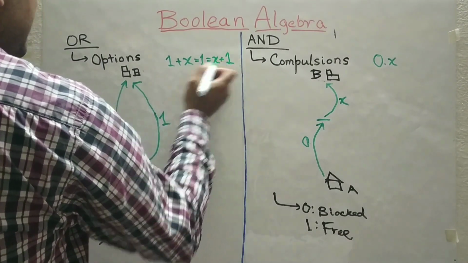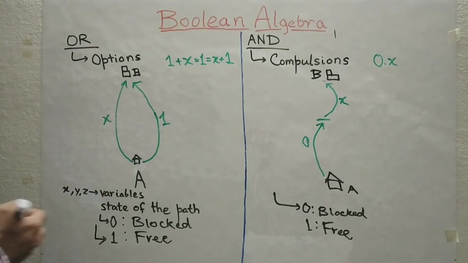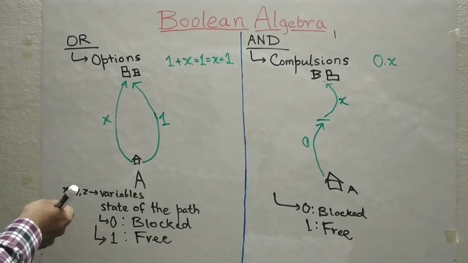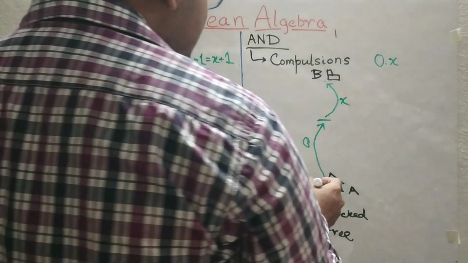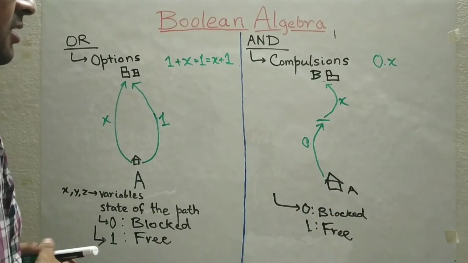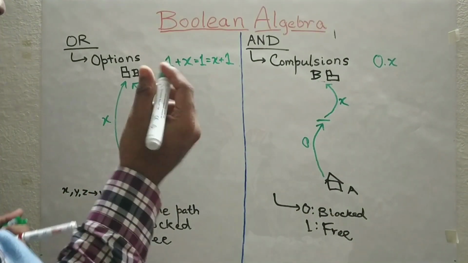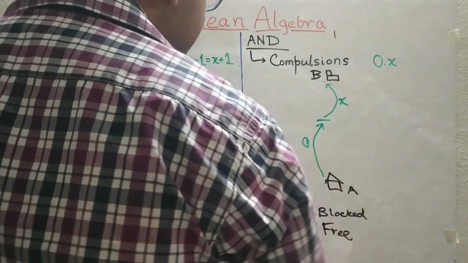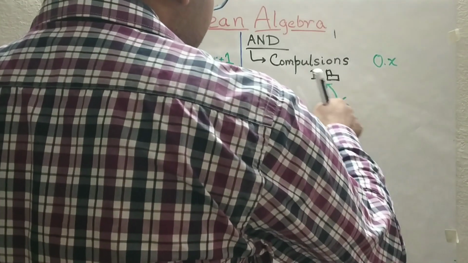So if there is a path from A to B, then the value is 1, and if we know for certain that there is no path from A to B, then it is a 0 for certain. Similarly here, you know that the first part of the road is blocked, so you cannot reach from A to B. As simple as that. You don't need to know the state x of this path.